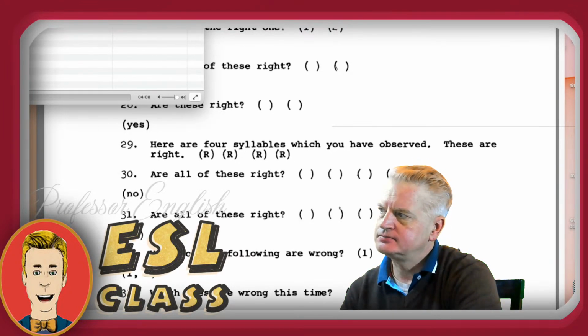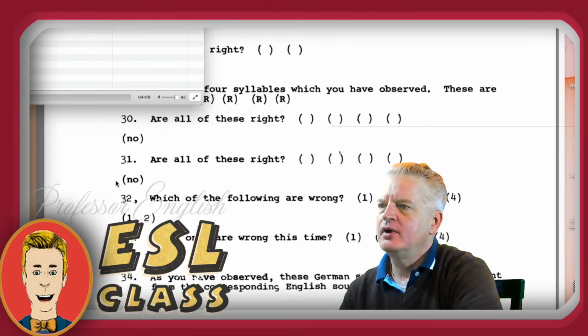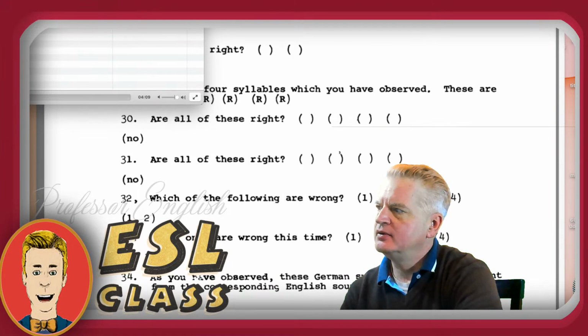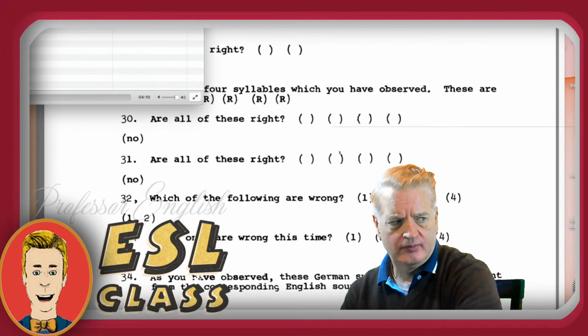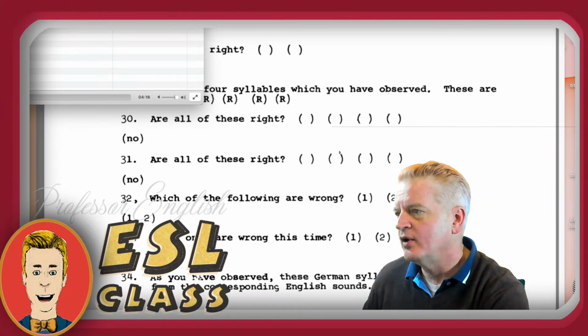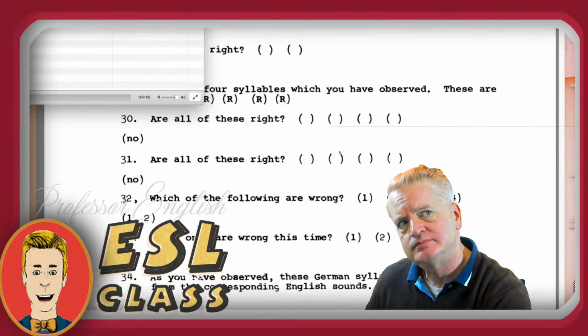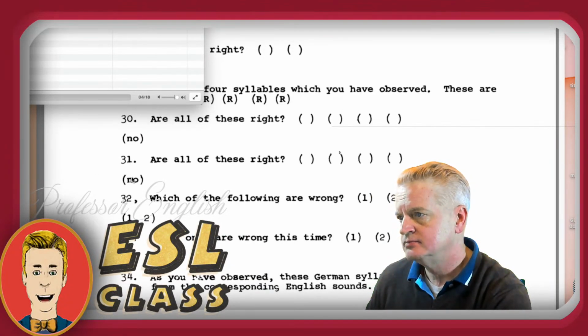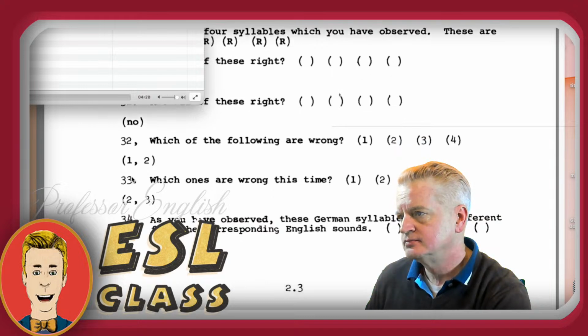30, Are all of these right? Wie. Do. Geht. Schon. 31, Are all of these right? Wie. Du. Geht.